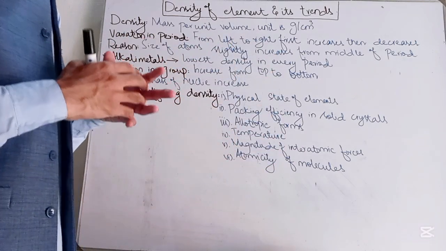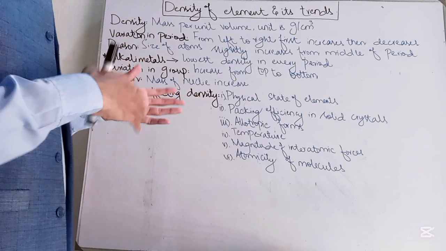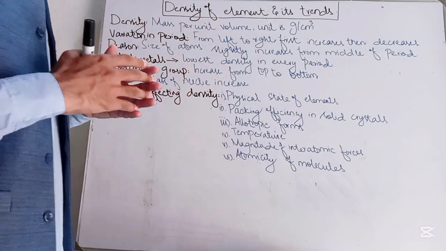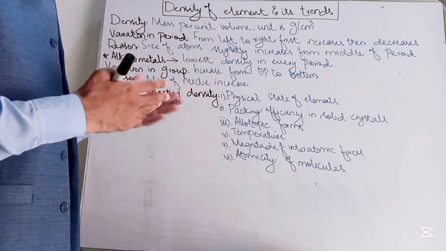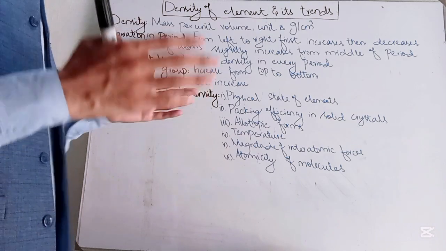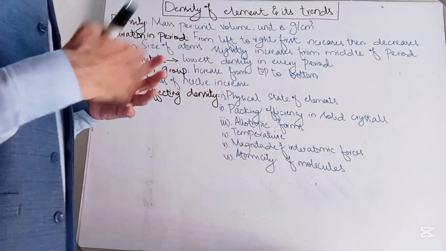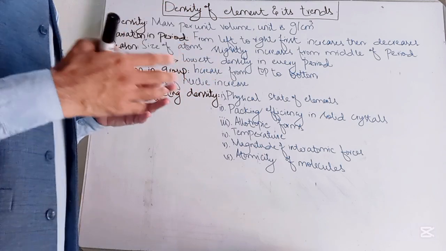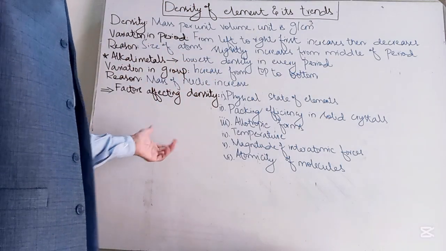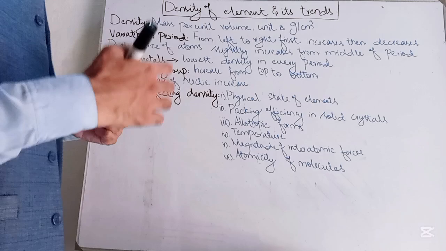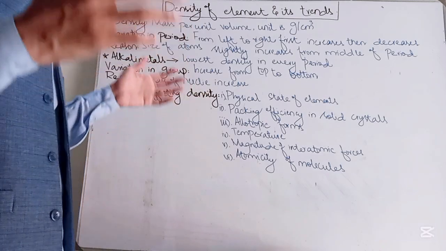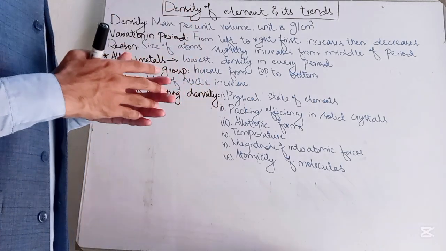Why does it happen? It is because when we move from left to right, the nuclear charge increases, so the volume or the size of the atom goes on decreasing. But from the middle to the end of the period, the number of electrons goes on increasing in the valence shell. Because of the increase in the number of valence shell electrons, there occurs repulsion between the valence electrons.